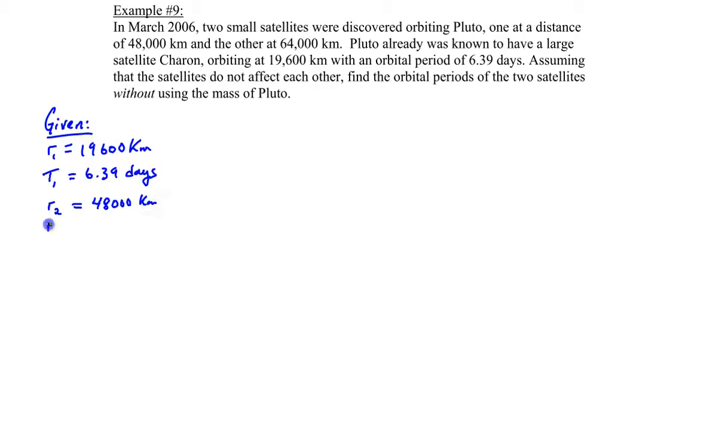And the other satellite, we'll just call that R3, is a distance of 64,000 kilometers. So what we're trying to find here is the period for these two satellites, period 2 and period 3.